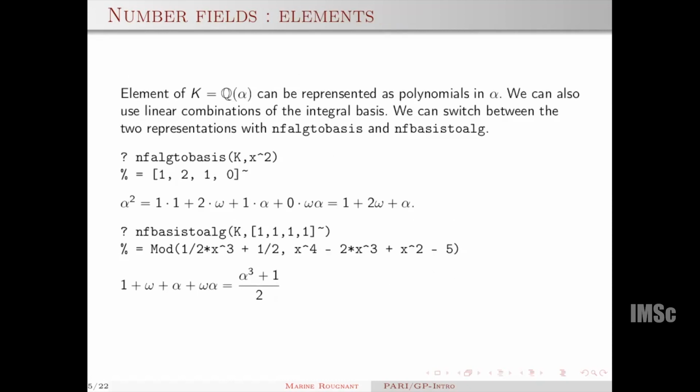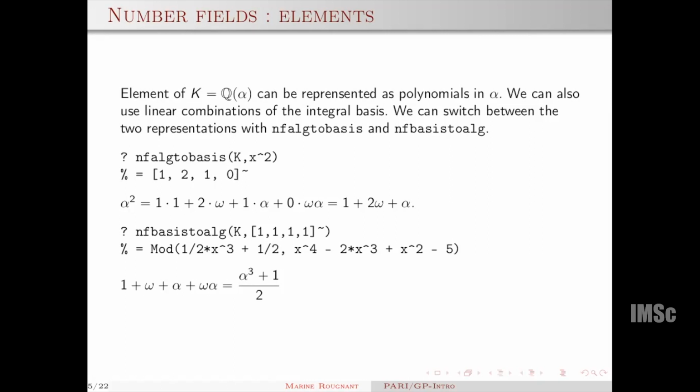Then elements: how to represent elements of a number field. You have two ways to represent elements of a number field. The first one is to express it with your basis, 1, omega, alpha, omega alpha. This is the first way. The second way is to define it modulo your defining polynomial, so this is a polynomial in alpha.